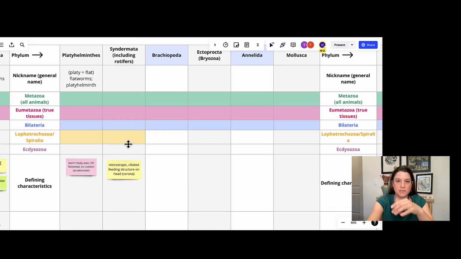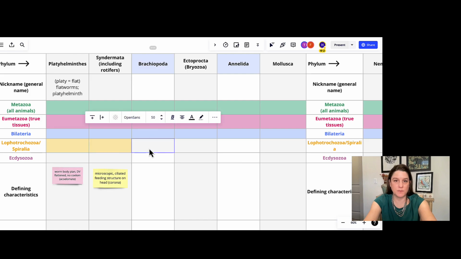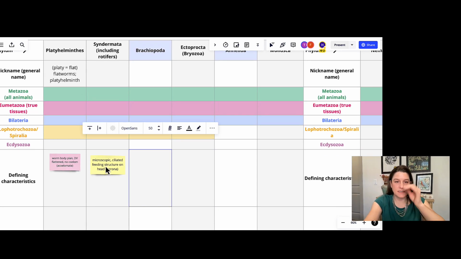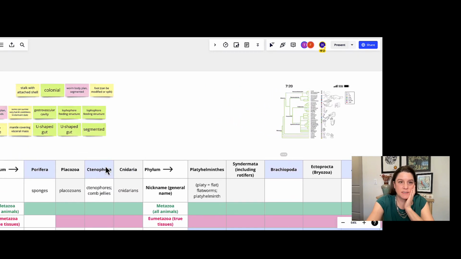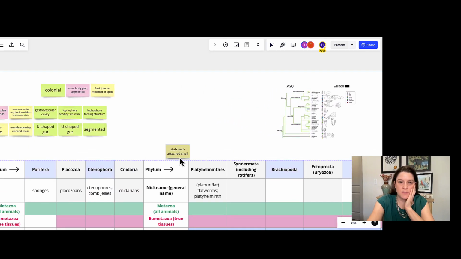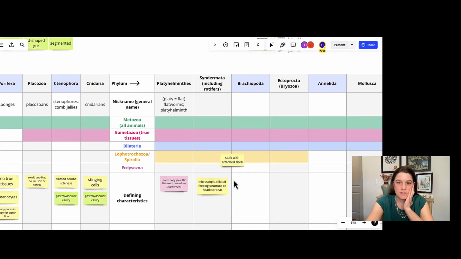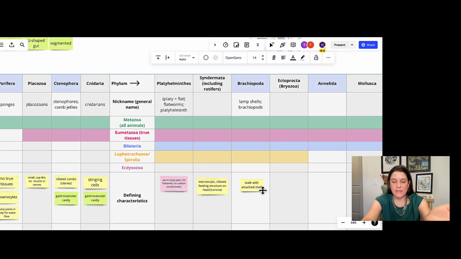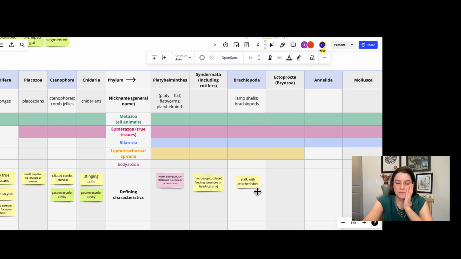We'll mark what group they're in. So both of these are lophotrochozoan. Defining characteristics: brachiopods have a stalk with an attached shell, right? And their nickname is the lamp shells, or brachiopods instead of Brachiopoda, the actual phylum.